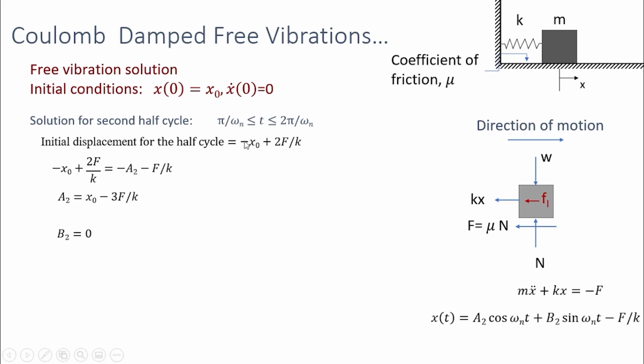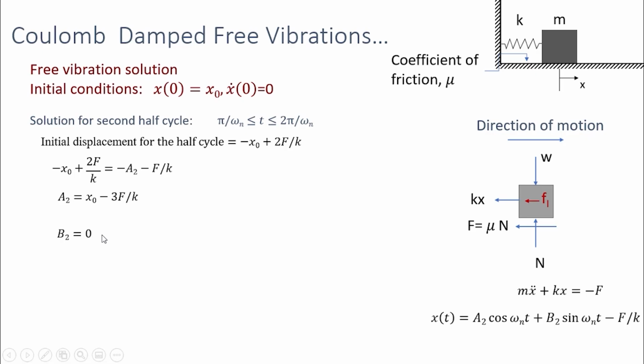Substituting this in this expression, we can calculate the value of A2. We can substitute the value of initial displacement and the value of t in this, and we can calculate the value of A2 is equal to x naught minus 3F by k.